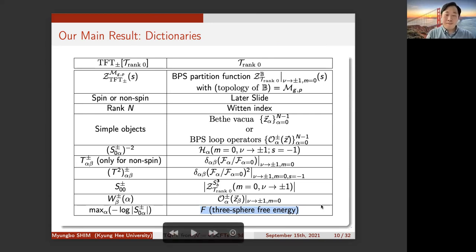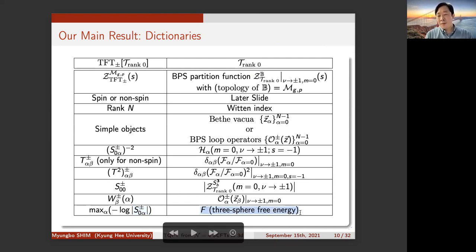It tells us that from the minimum value of the S-matrix component in the modular tensor category, we can obtain the three-sphere free energy of the corresponding N=4 rank-0 superconformal field theory at the IR superconformal point.